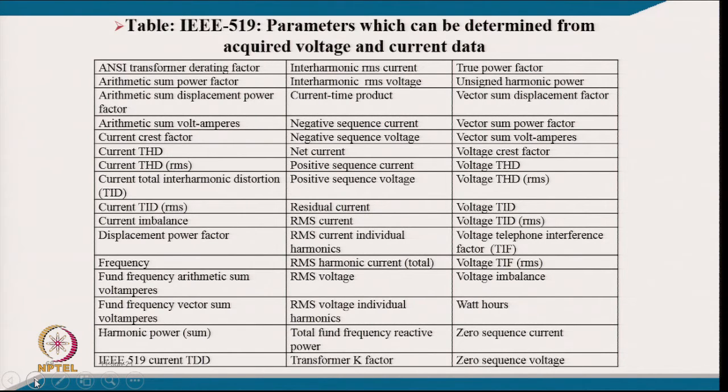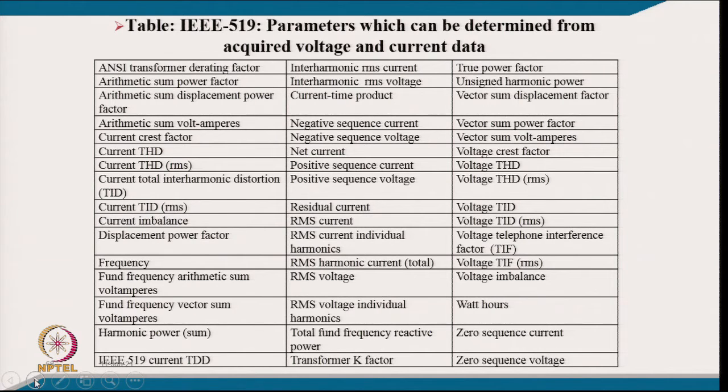The IEEE 519 gives a big table of parameters which can be determined from the acquired voltage and current data. As you can see here, all these parameters which we were discussing last time: transformer derating factor, RMS power factor, RMS displacement factor, RMS voltage, current crest factor, current total harmonic distortion, current TID in terms of RMS, current interharmonic distortion, current unbalance, displacement power factor, fundamental frequency. We will define them time to time when we go for numerical problems.